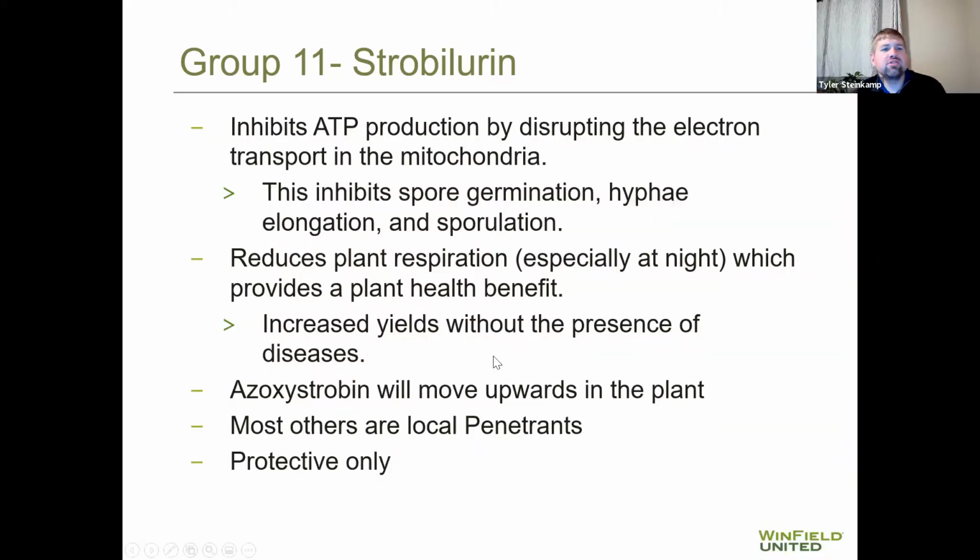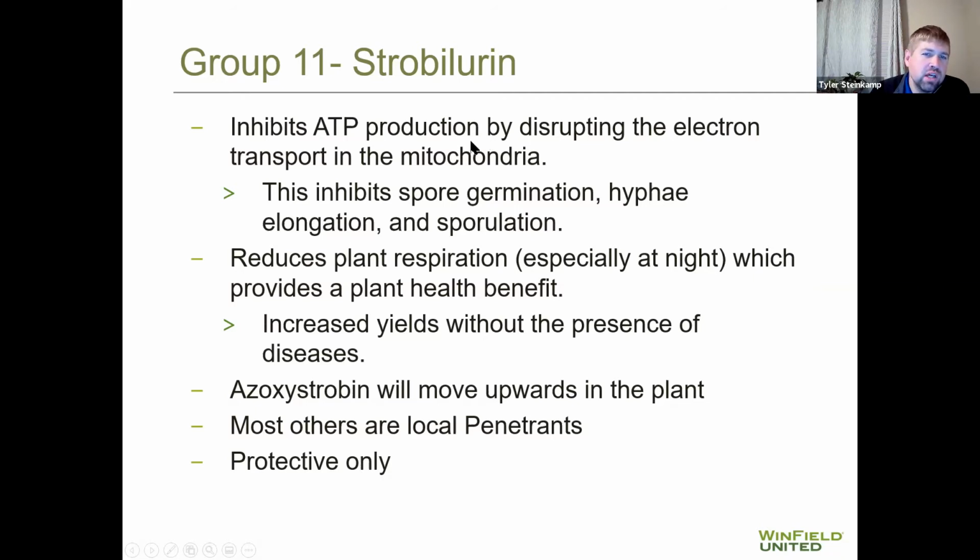The group 11 strobilurins are really important in preventing ATP production by disrupting the electron transport chain in the mitochondria. One thing you'll notice is that this same ATP production area is also in the plant.